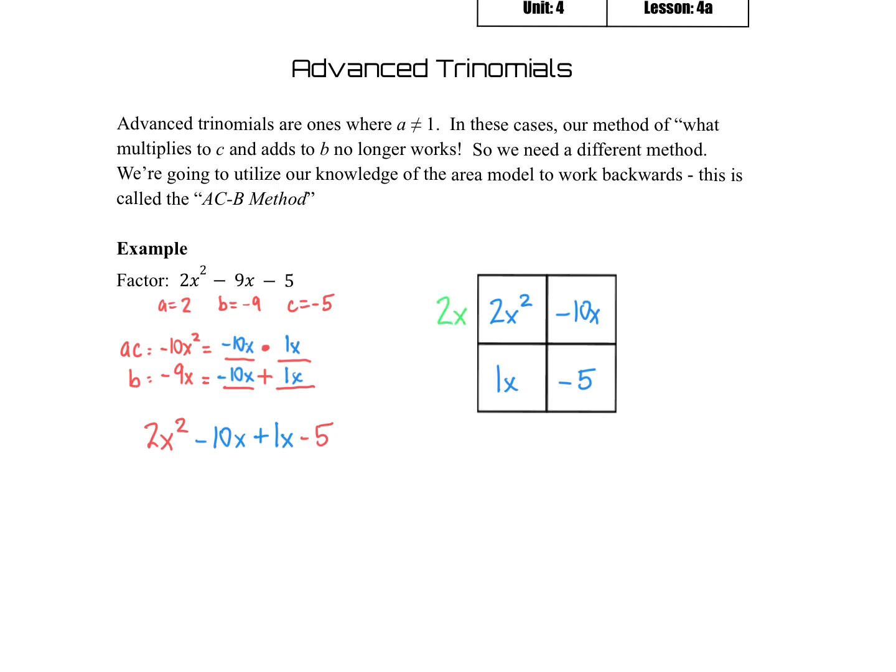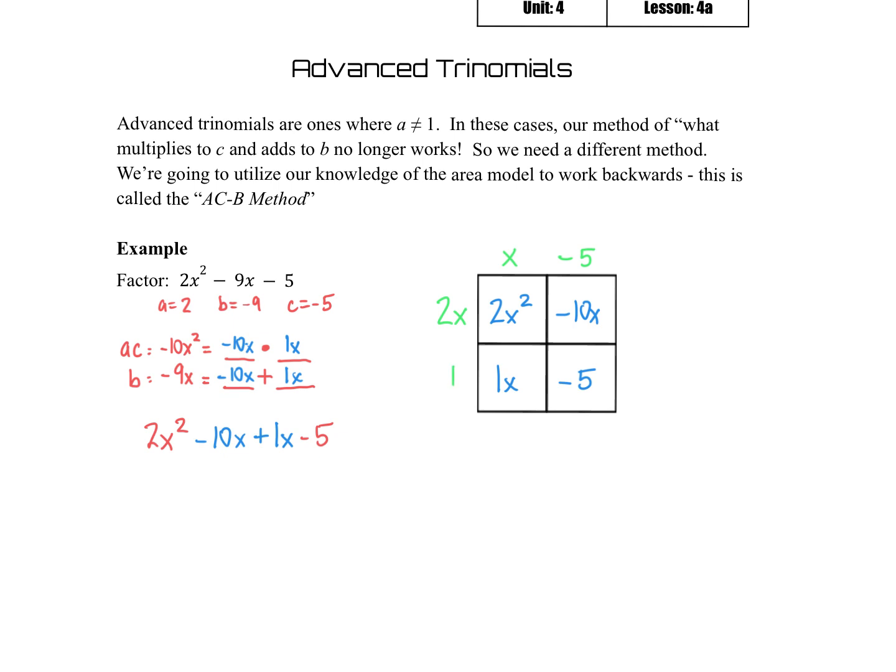Now, in order to fill in the rest of the 3 spots, recall that with the area method, to get this box, you multiply what's to the left of it times what's above it. So what do I multiply 2x by to get 2x squared? Multiply it by x. What do I multiply 2x by in order to get negative 10x? Negative 5. What do I multiply x by to get 1x? 1.